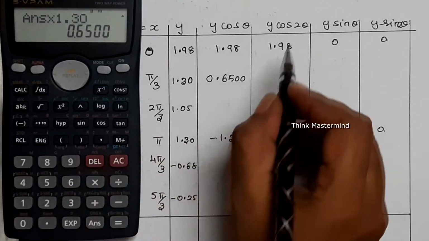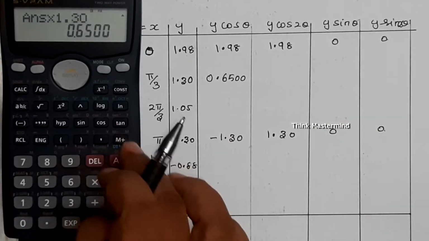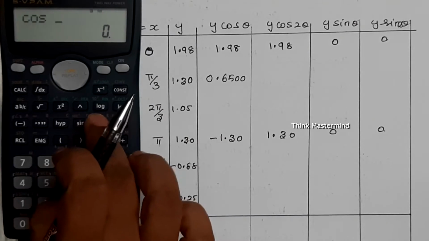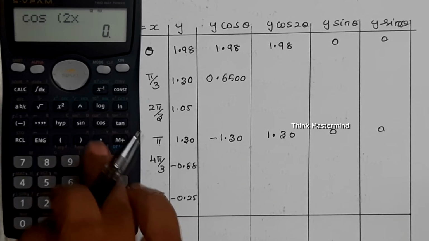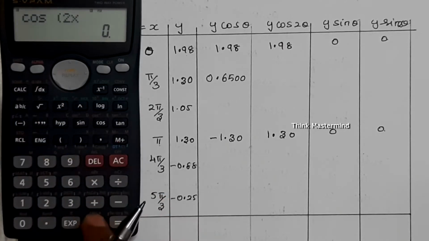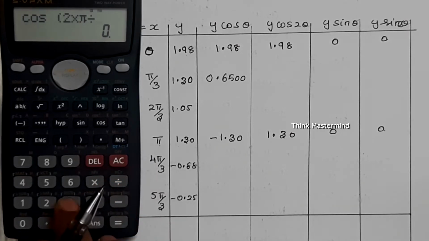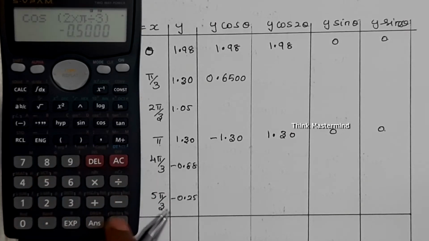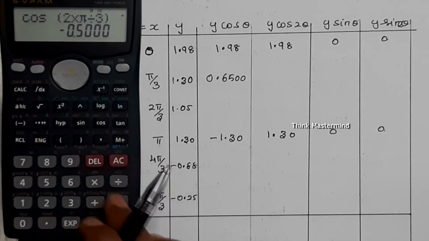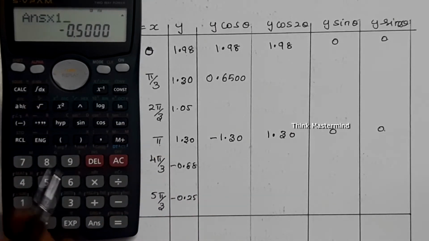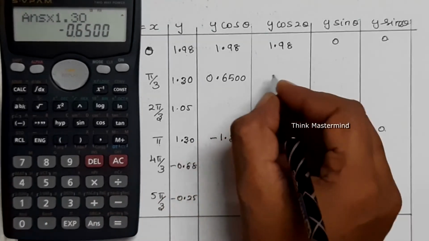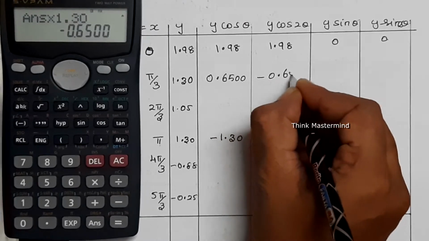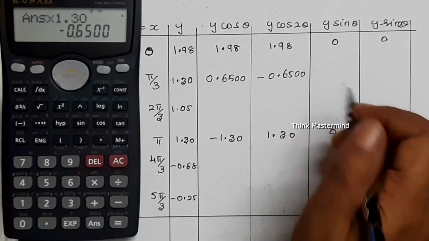Next one, cos 2 theta, that is cos of 2 into shift pi divided by 3, close it, equal to, that is minus 0.5 into 1.30, that is minus 0.6500.